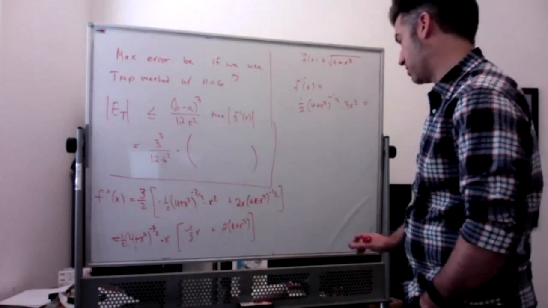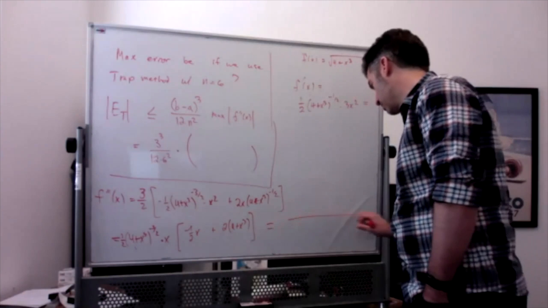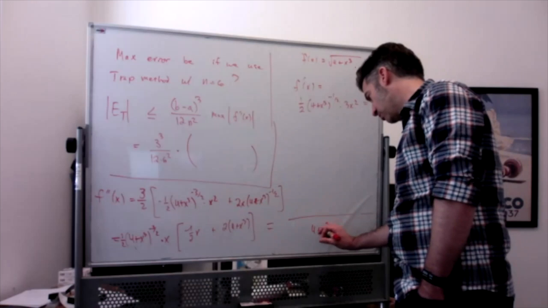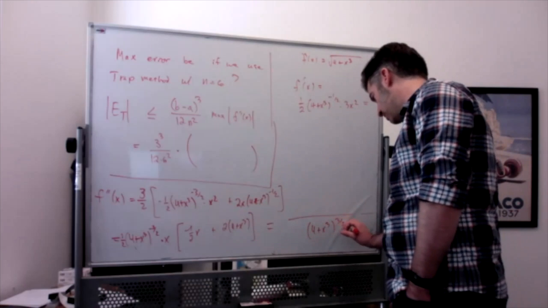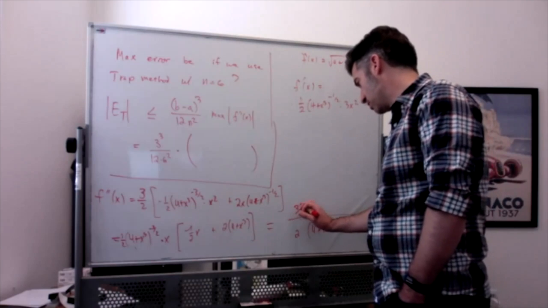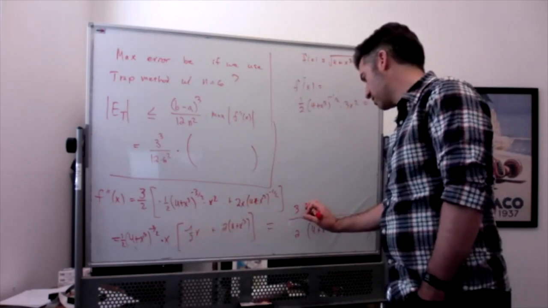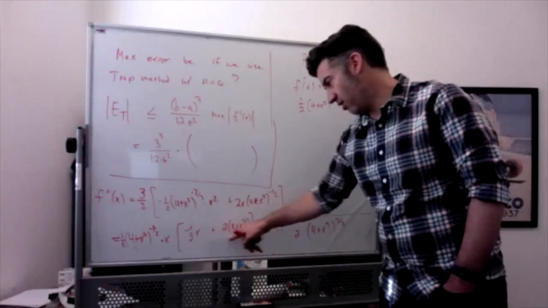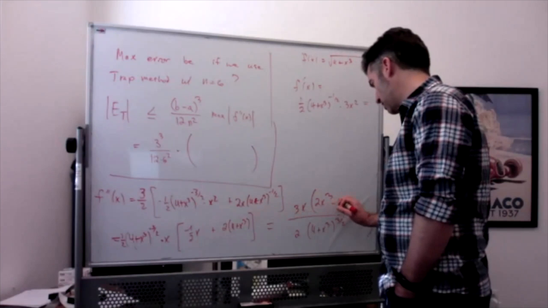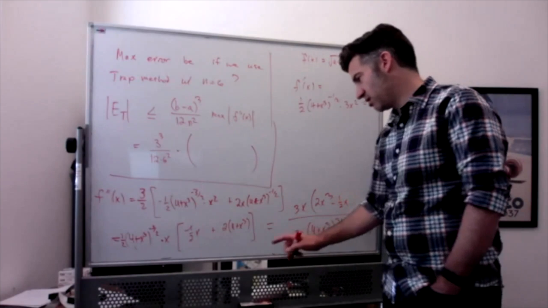Yeah, that's kind of gross. So in the denominator, we're going to have a 4 plus x cubed to the 3/2. We also have a 3/2. We have an x, and then we have all of this, which is going to be 2x cubed minus 1/2 x plus 8.